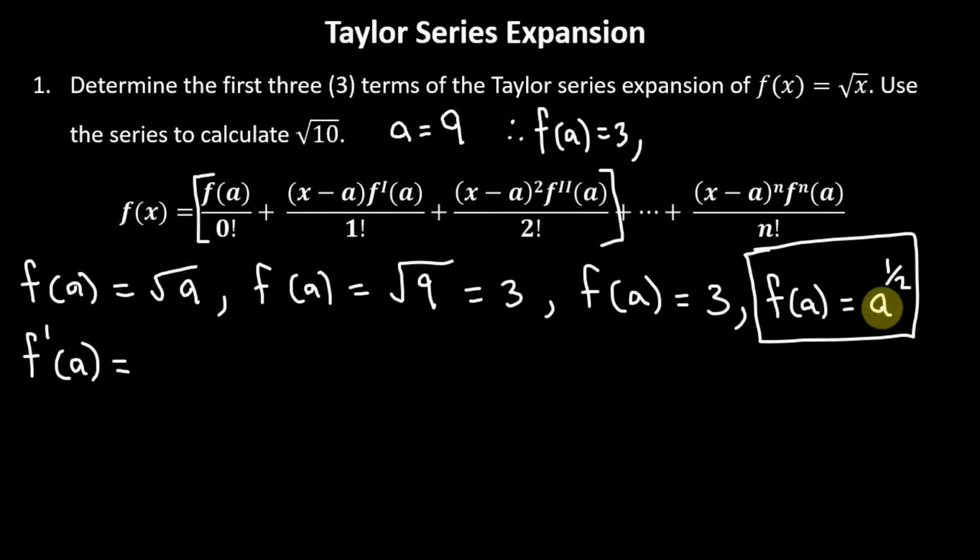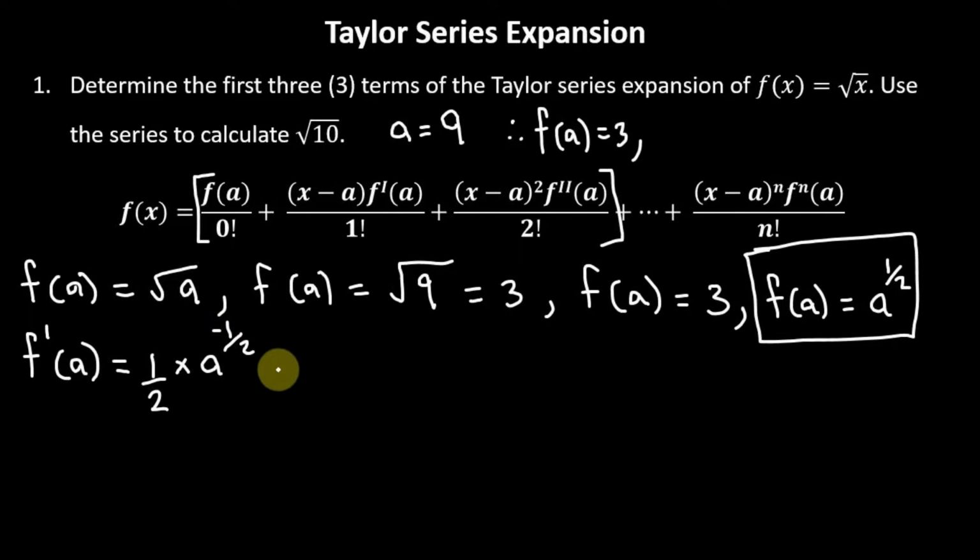We're going to differentiate this using the power rule, so we multiply by the power, then subtract 1 from the power. In multiplying by the power, we end up with a half times a. We subtract 1 from the power: a half minus 1 is of course negative 1 over 2.